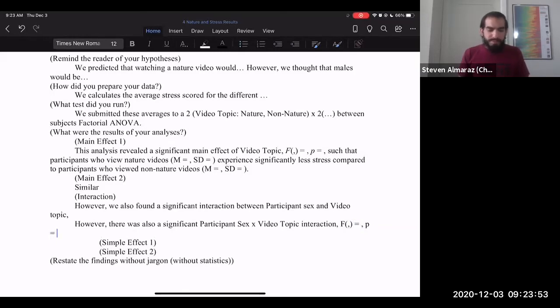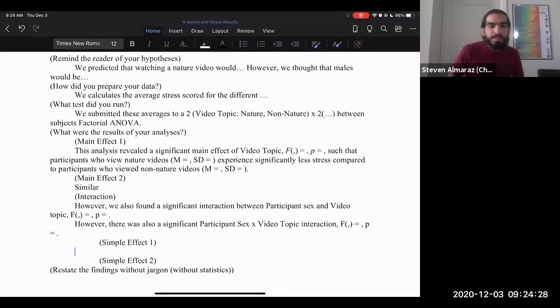Obviously those F and P should be italicized. I'm not going to italicize them here. So either of these two sentences would work well. We found a significant interaction between participant sex and video topic, or basically the same thing. However, there was also a significant participant sex by video topic interaction. Okay, so that's great. That looks good. That's all we need there.